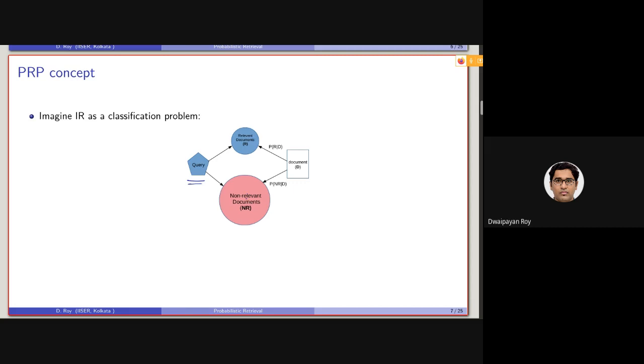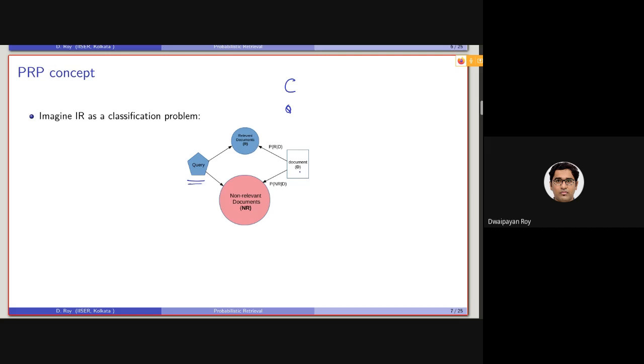The size of the circles is intentionally kept like this, because in any standard collection C, for any query, the number of relevant documents will be a fraction of all the documents in the collection. In other words, the number of non-relevant documents will be much more than the number of relevant documents in the collection for a given query.